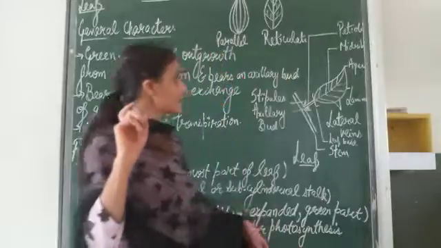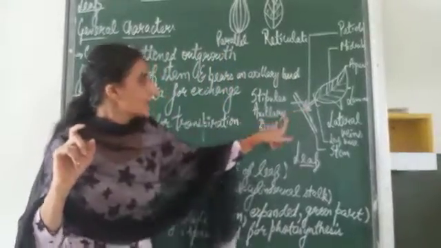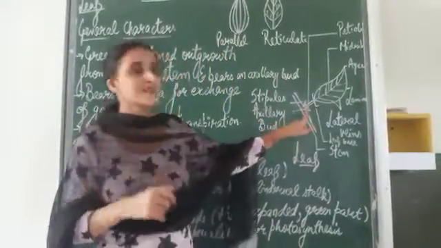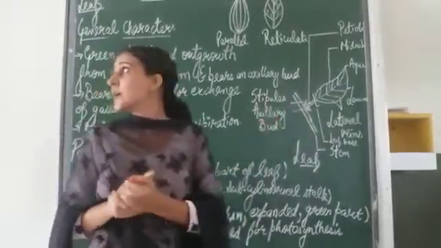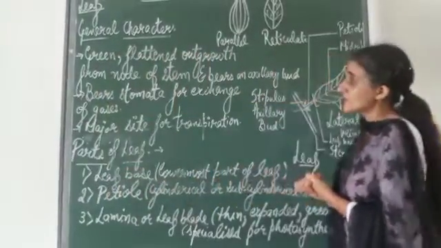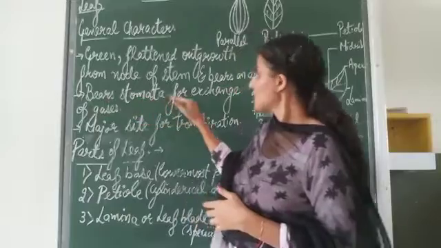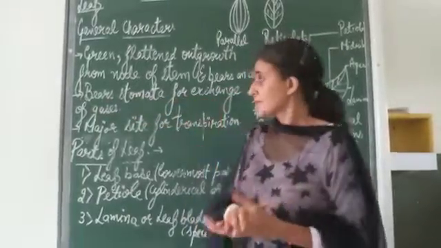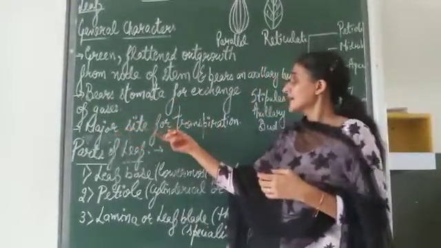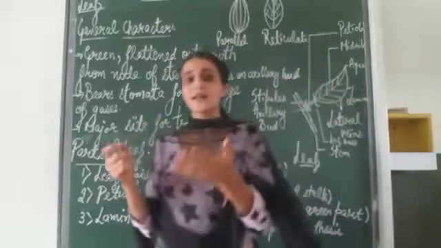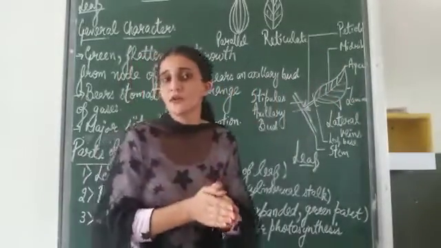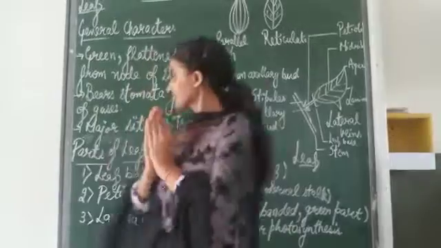Here you can see in this diagram, the axillary bud is present near the node. The second property of the leaf is it bears stomata for exchange of gases. Third thing is it is the major site for transpiration and for the process of photosynthesis.